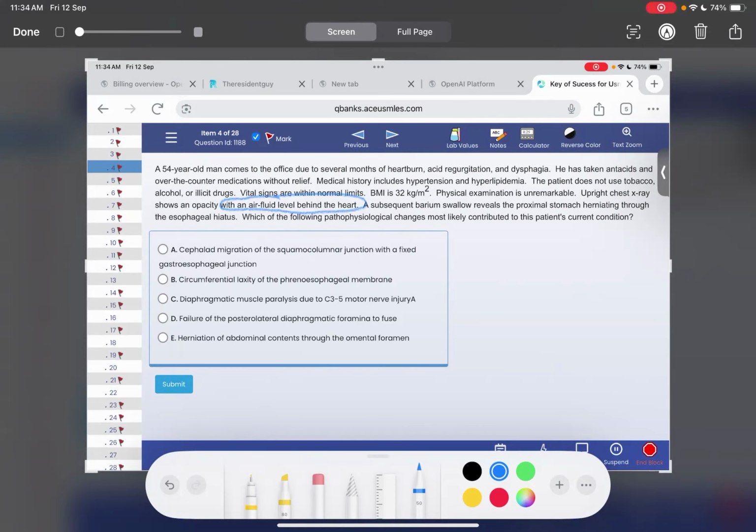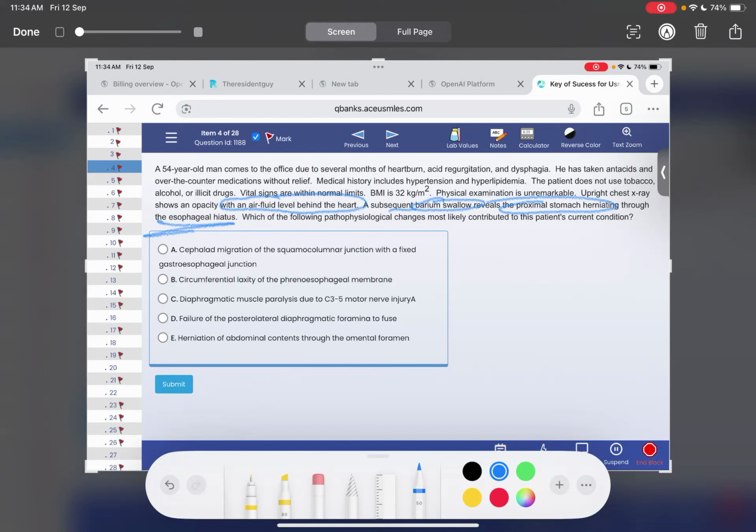It means the gastric content, either intestine or stomach, is in the thorax. So in the subsequent barium swallow, the proximal stomach is herniating through the esophageal hiatus. You have diagnosed it: it is a hiatal hernia.